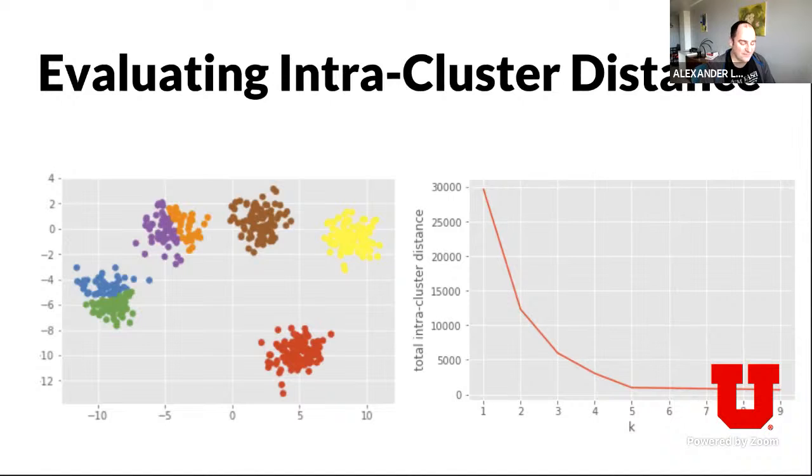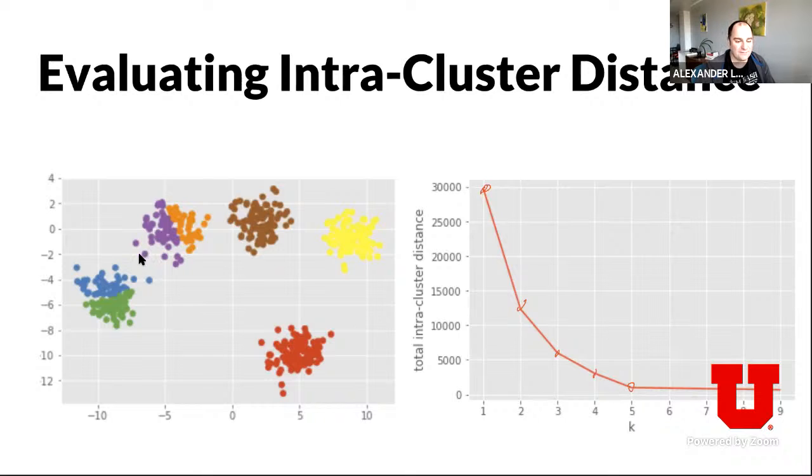Like the distance from all of the points to the centroid. And clearly, as I increase k, the intra-cluster distance is going to go down. At the maximum, if I have as many clusters as data points, the distance is 0. As I keep increasing k, I will see the intra-cluster distance go down, from a k of 1 here to a k of 2 here, and then 3 here, and 4 here, and 5 here.